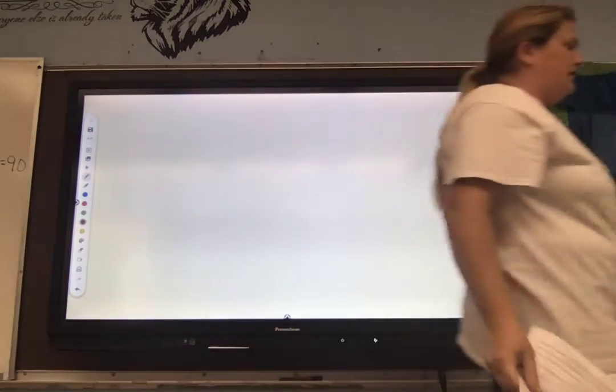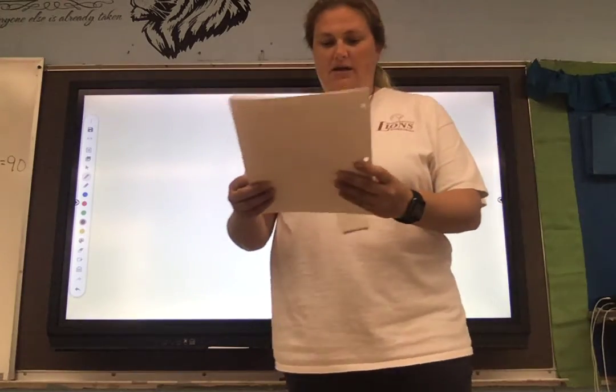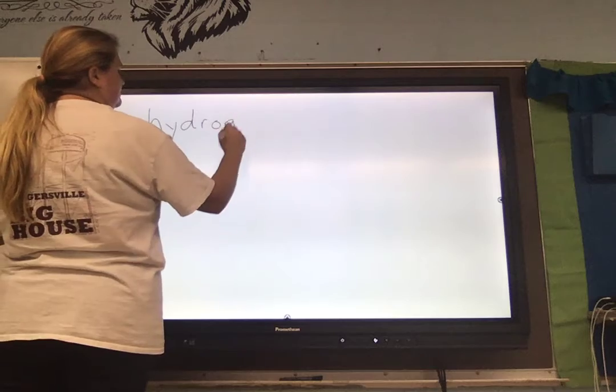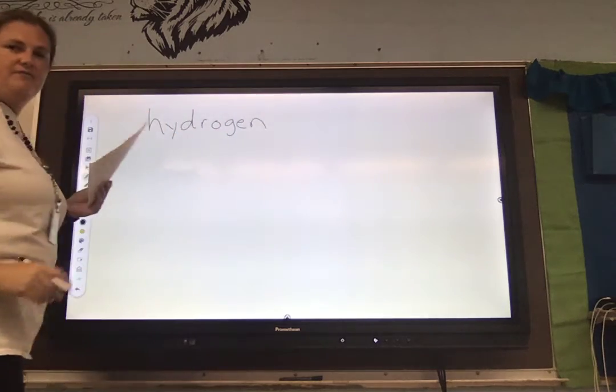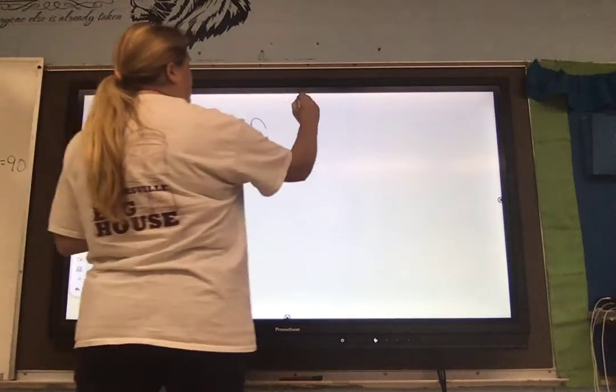And I do not think I have gone over lesson 25 with you. So I'm going to look at the following elements. We have hydrogen. So go ahead and see if you can find hydrogen on your periodic table. We have helium.